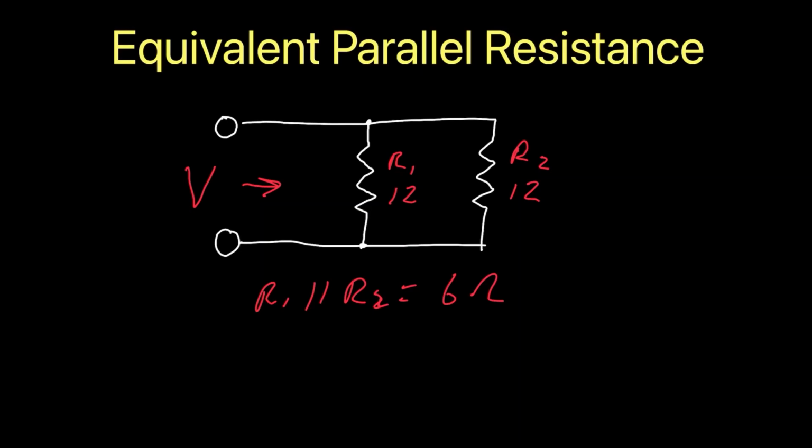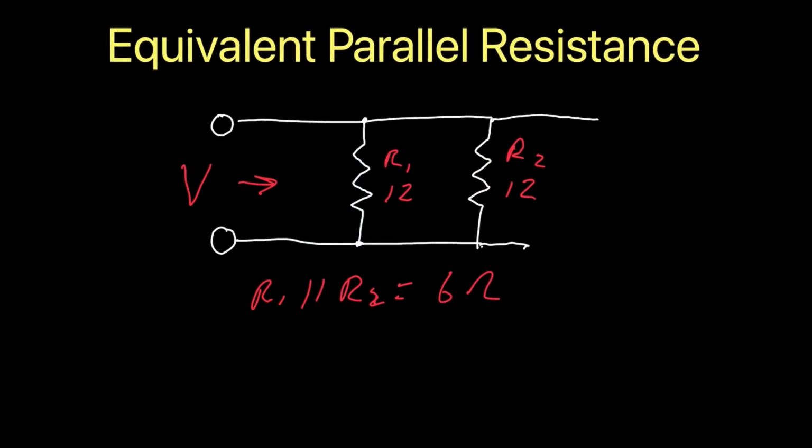What if you had another resistor here? Let's call this R3. Let's say this one's also 12 ohms. Now you've got three resistors that are 12 ohms.